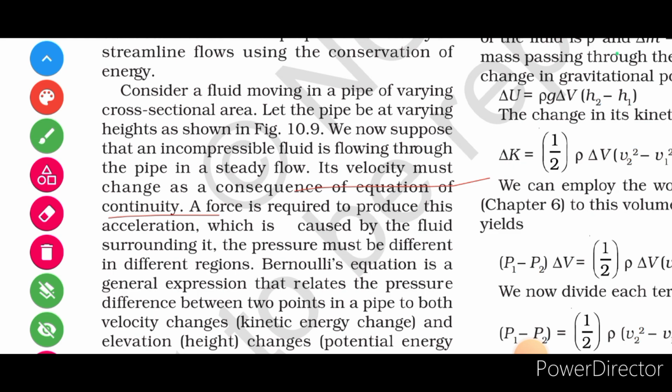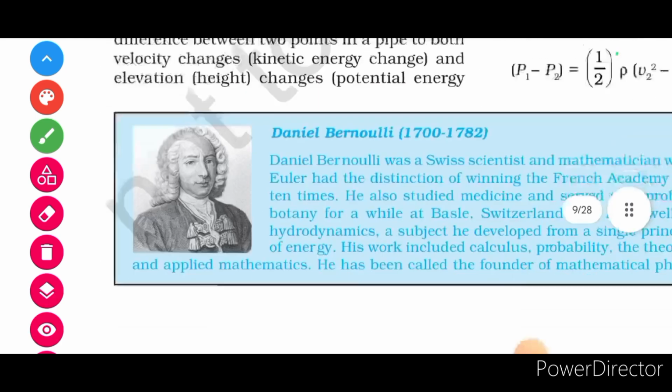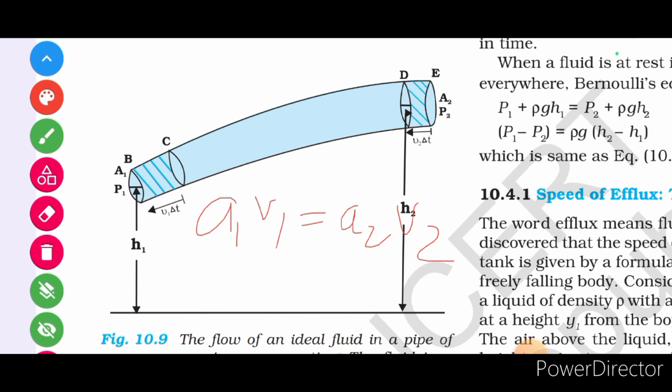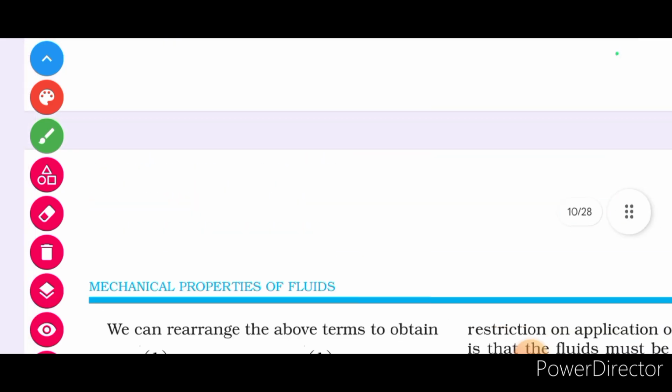You have seen the equation of continuity. Because the area of the pipe is varying, smaller here and larger here, the principle of continuity says a1 v1 is equal to a2 v2. Where the area is less, the velocity will be more, and where the area is more, the velocity will be less.